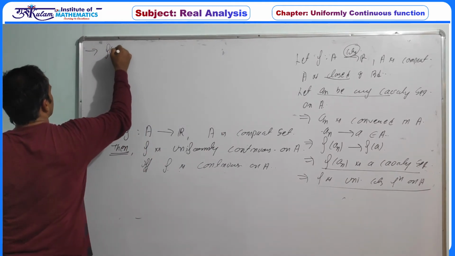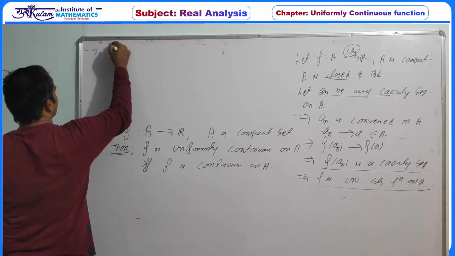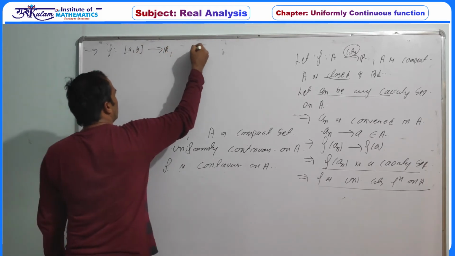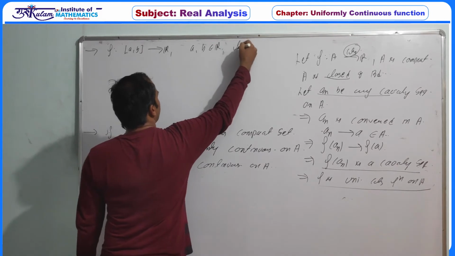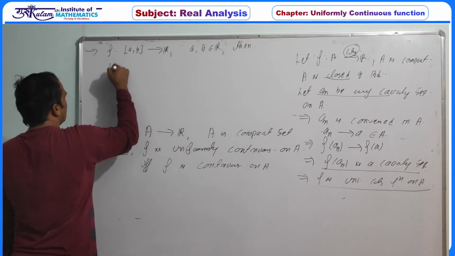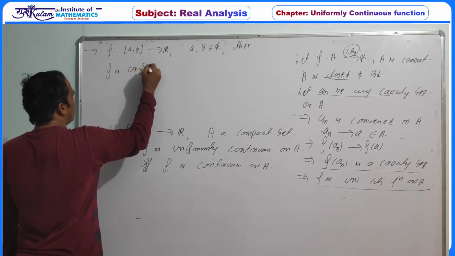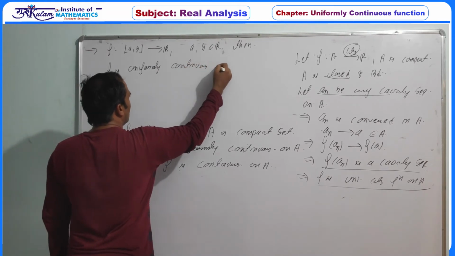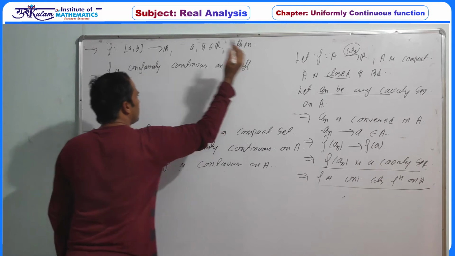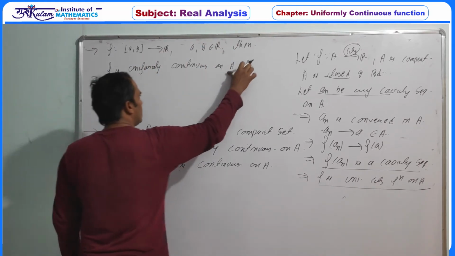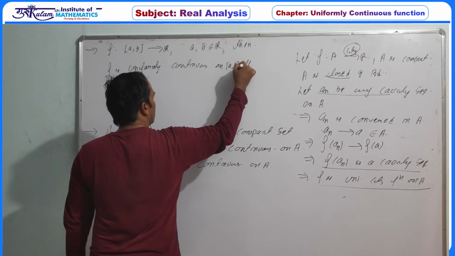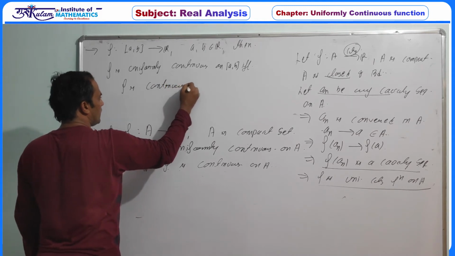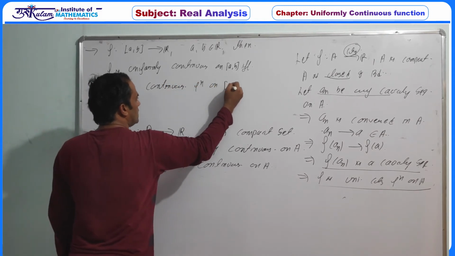So the particular case of this last statement: if f is a function which is defined from a closed interval [a,b] to the real line, for a and b belonging to R, then f is uniformly continuous on the closed interval [a,b] if and only if f is a continuous function on the closed interval [a,b].